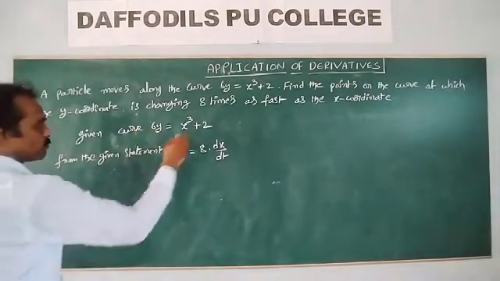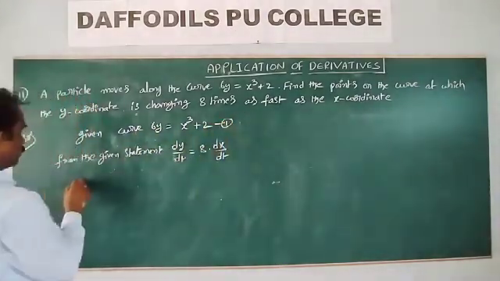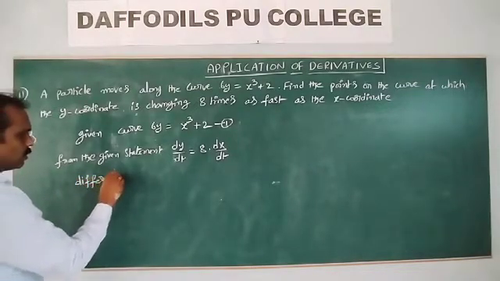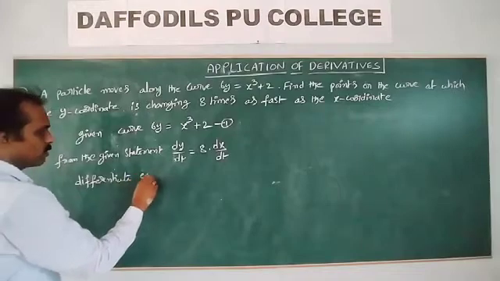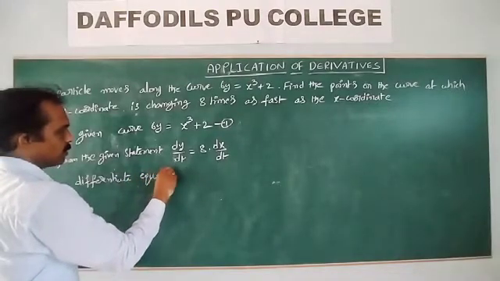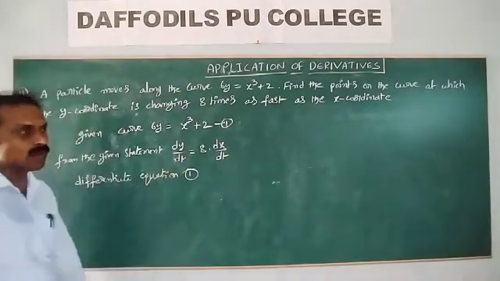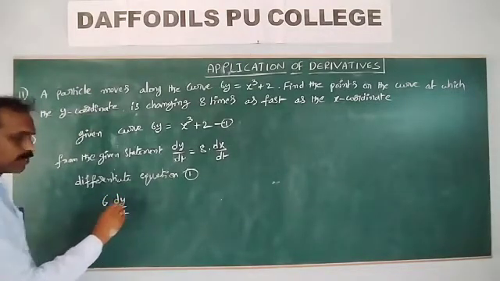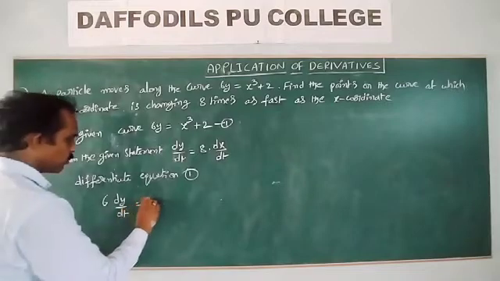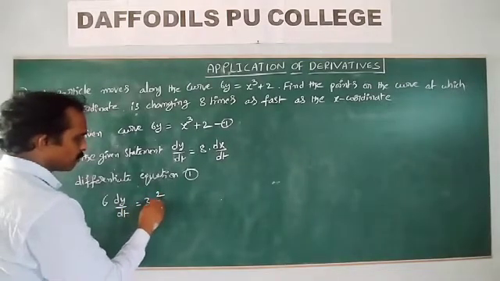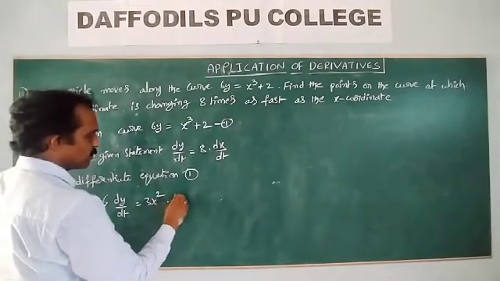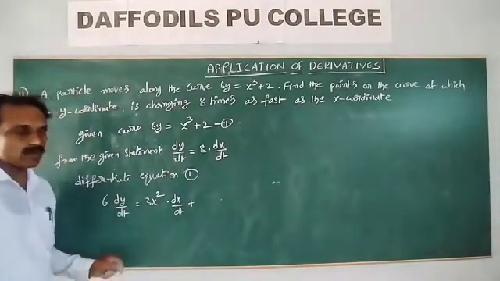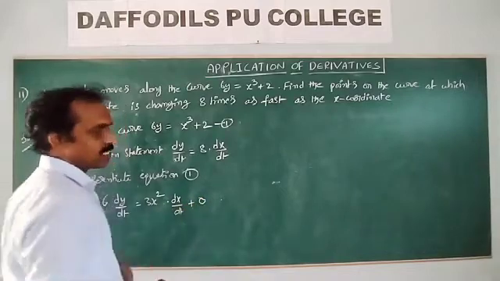So from the given curve, differentiate equation 1. 6 into dy by dt is equal to 3x square by chain rule, x derivative dx by dt, plus the derivative of 2, which is 0, since it is constant.